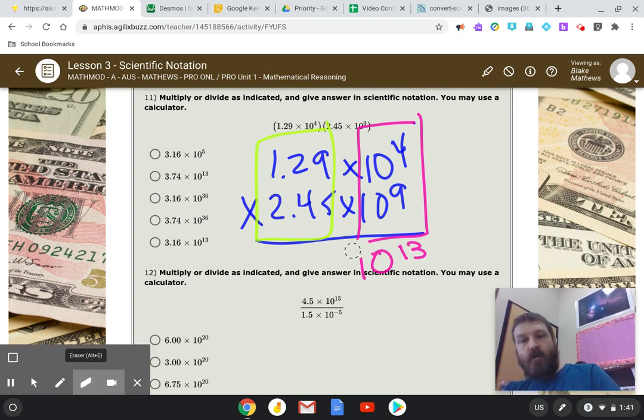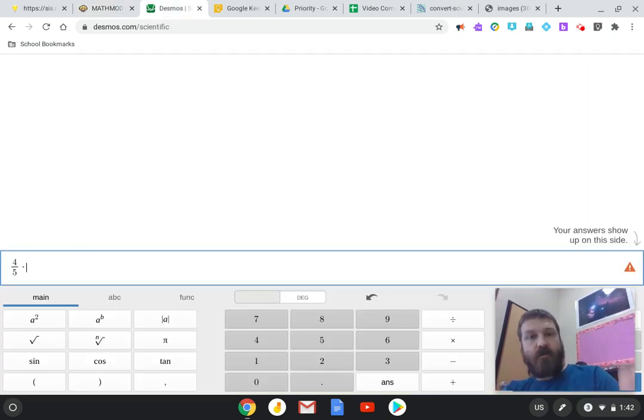And when I do these numbers multiplied together, I'm going to get something else. So in this case, let's just multiply it over here on Desmos. 1.29 times 2.45. Oops, let me clear this out.